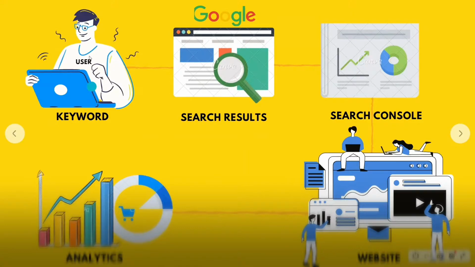So if suppose the user has made a query HR consultancy, then through Search Console, I would be able to know how many impressions the keyword HR consultancy has given me, which means how many times on this keyword my website has ranked, what was the rank, which page ranked, etc. So all this information is shown through Search Console, and we will take a deep dive on what all Search Console has to offer us.